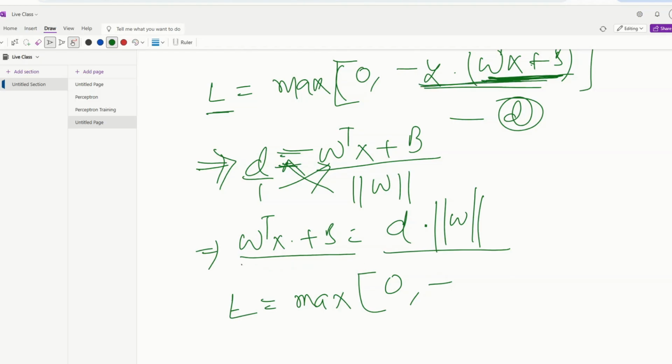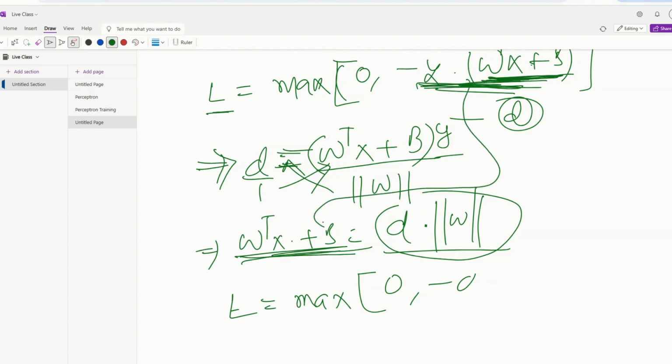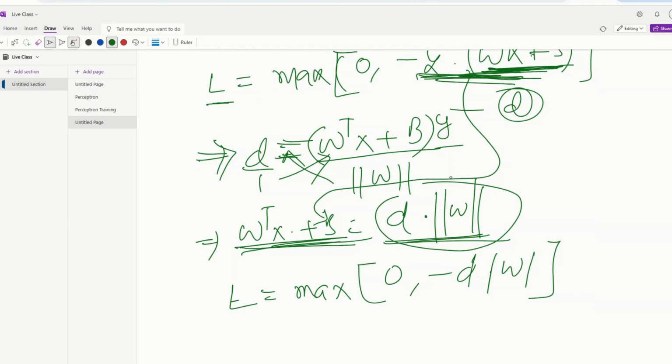Actually, we can also multiply by y, which is called signed distance. So this whole part can be written in terms of d: this whole part is equal to d times the norm of w. So my loss will become this.